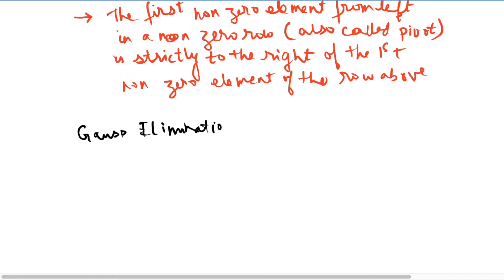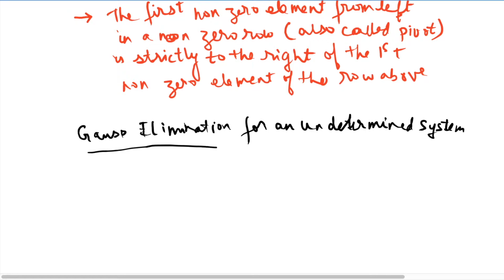And we know what an undetermined system is, right, from the last lecture. So an undetermined system is the one where the number of equations is less than the number of unknowns. So let's consider such an example.